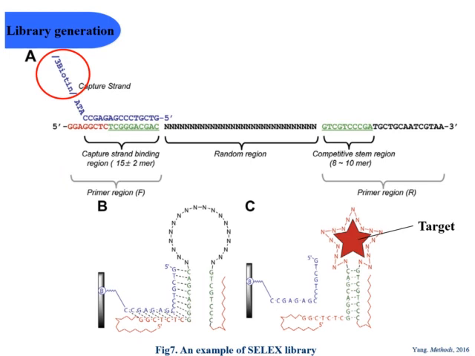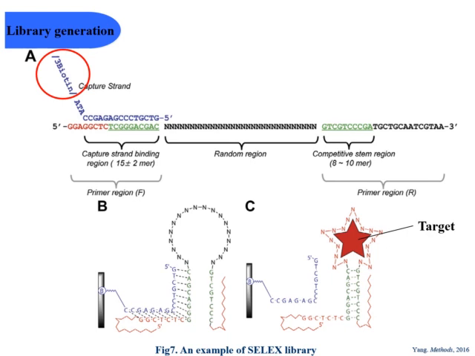It's the library generation. As you can see, here is an example of a SELEX library. This library includes three parts: forward primer, reverse primer, and between them is a random region. What's more, it has a fluorophore built in at its 3' end.